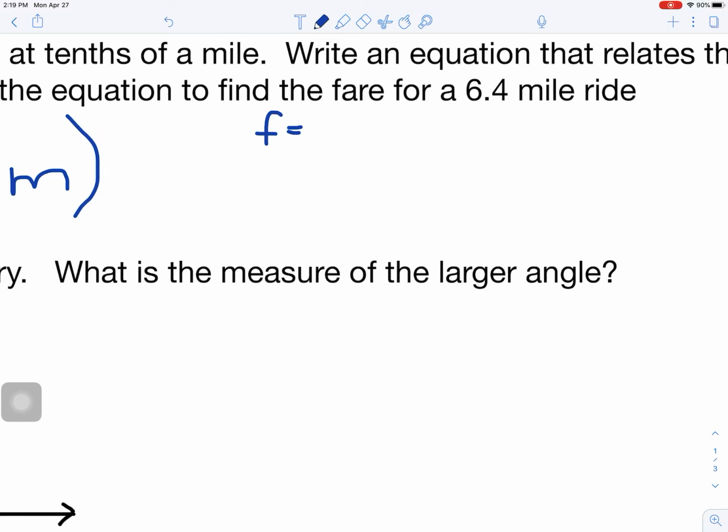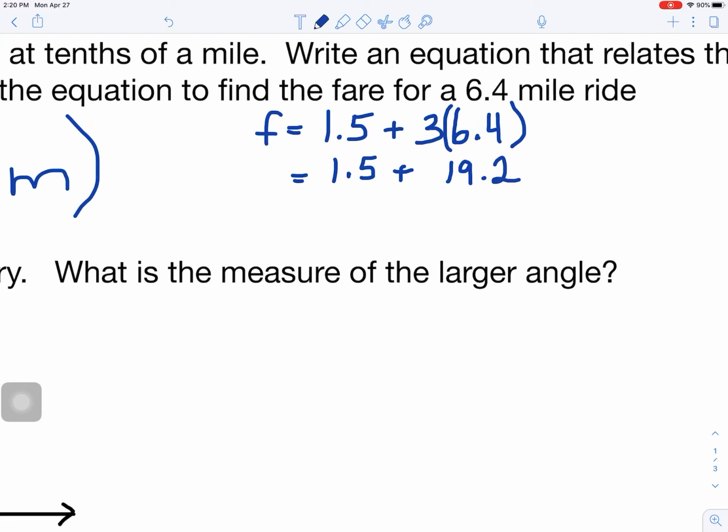So here we go. Fare equals 1.5, that's your $1.50 startup, plus the $3 times the 6.4. So we would wind up getting 1.5 plus, and we put 3 times 6.4 into our calculators, and we get 19.2.